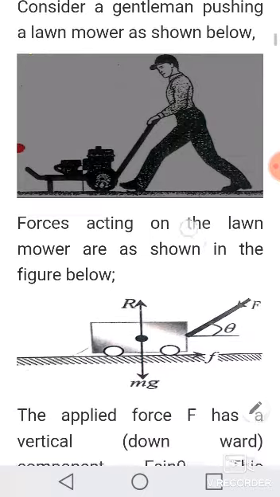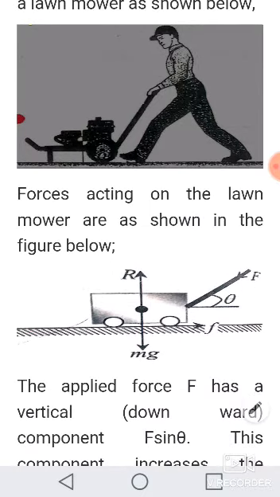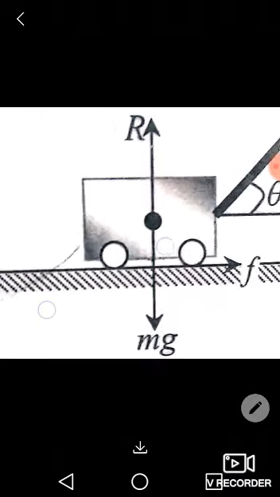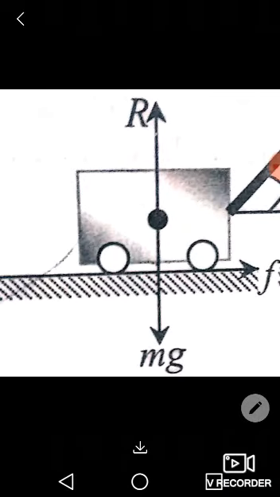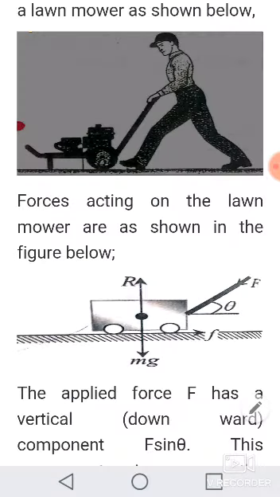So in this diagram, I tried to summarize an energy diagram showing the forces that the man is applying on the lawnmower and the other forces due to the weight of the body. So mg is the weight of the body and R is the normal reaction, the reaction because there is weight of the body. Whenever a body has weight, there is always a reaction against that weight.